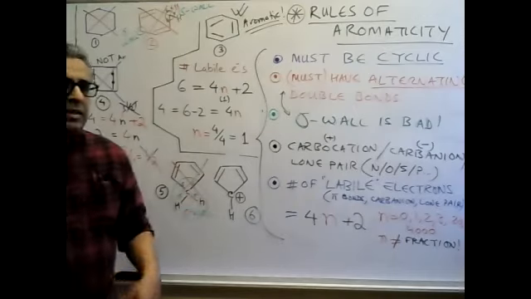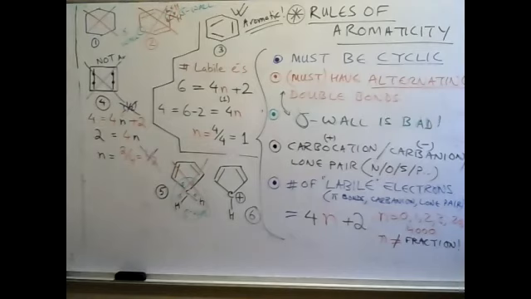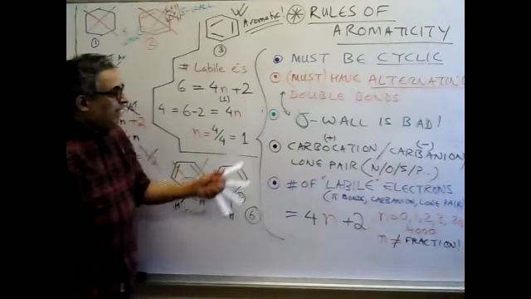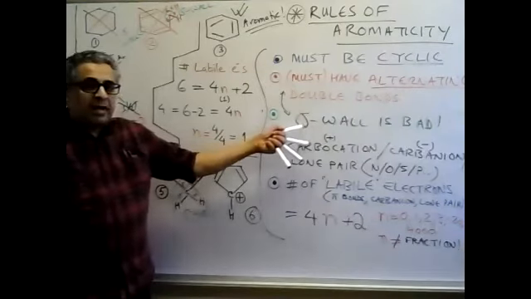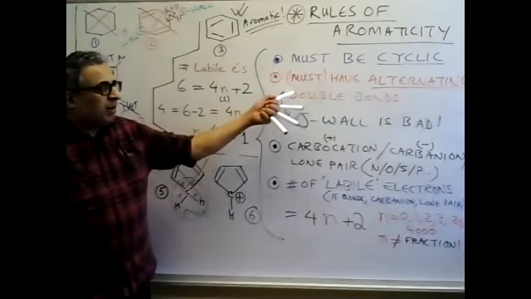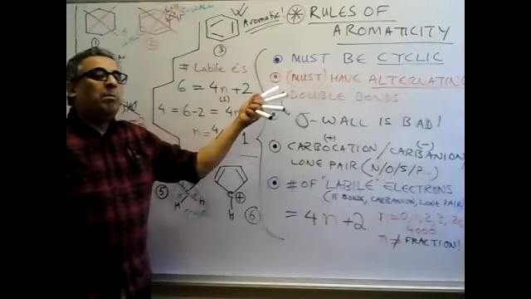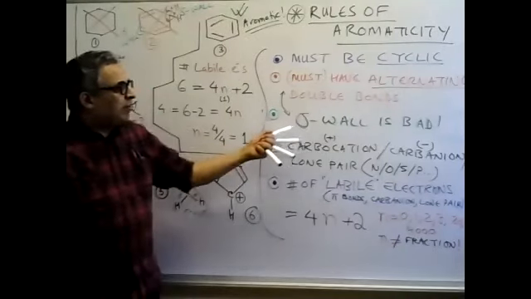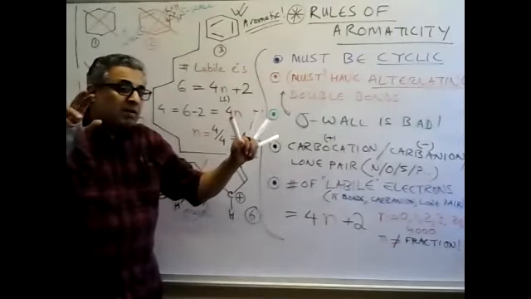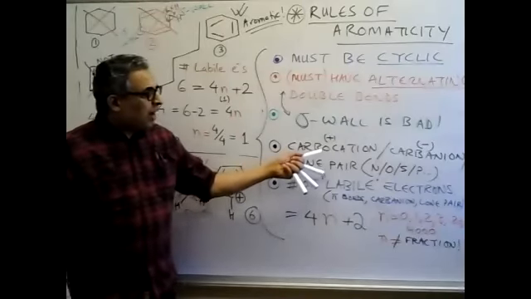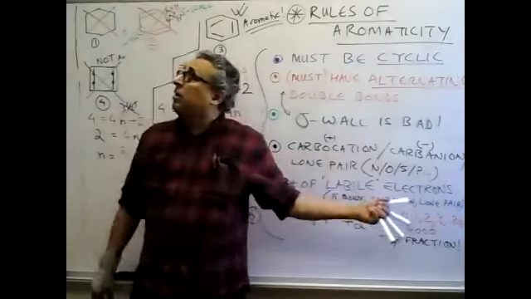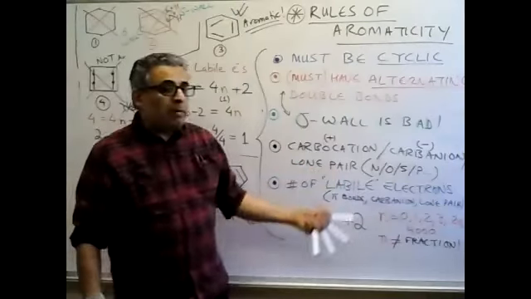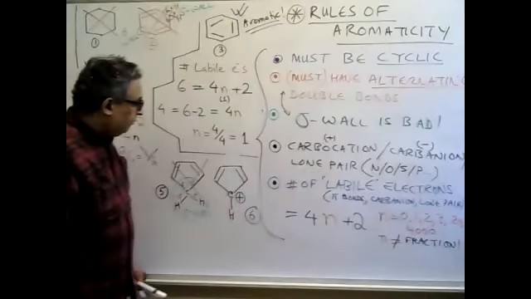What do you guys think? I told you that sigma wall is bad. You need an alternating double bond. But if you don't have a really sigma wall scenario, if you have a carbocation or carbanion, or if you have something with a lone pair, it might still work.